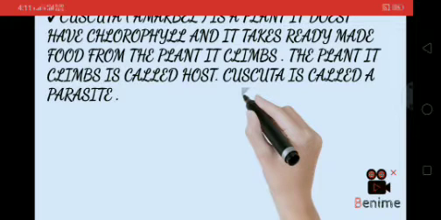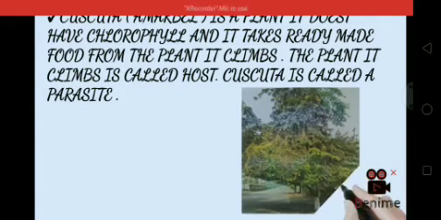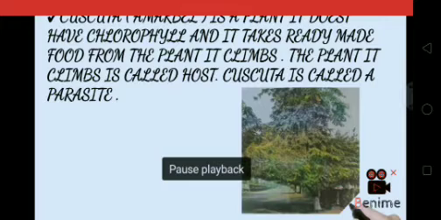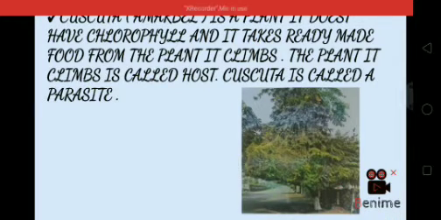There is a flower called Cuscuta. You can see a picture over here. Whichever plant it climbs, it takes ready-made food from that plant. So this is the host, and Cuscuta is called a parasite.